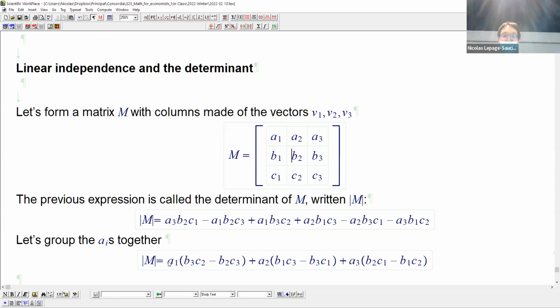Actually, let me change the signs of everything. That's good. Sorry for people who are copying. Of course, I just multiplied it by minus.